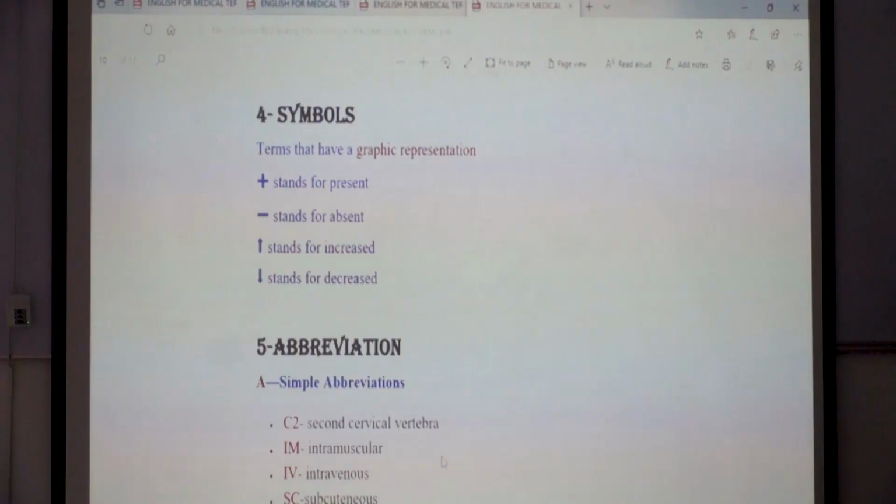Another thing we use is symbols, to keep it simple and memorize it and shorten the writing. Plus stands for presence, minus stands for absence, an arrow pointing up means high or increase, and an arrow pointing down means decrease.